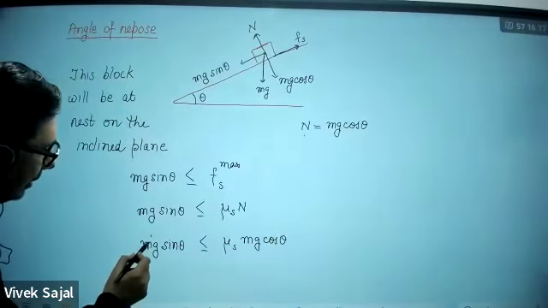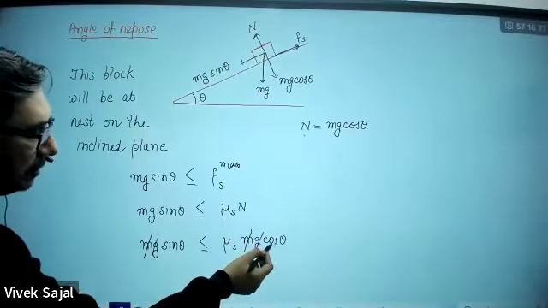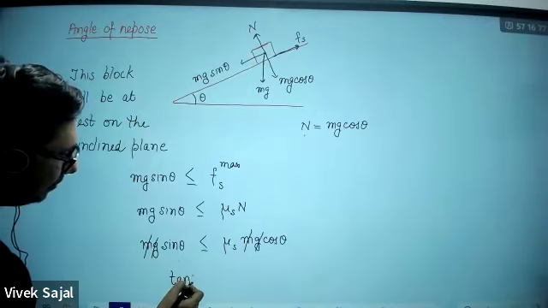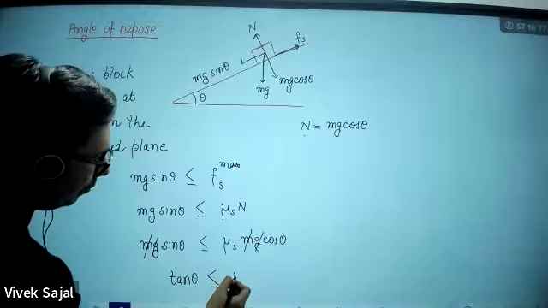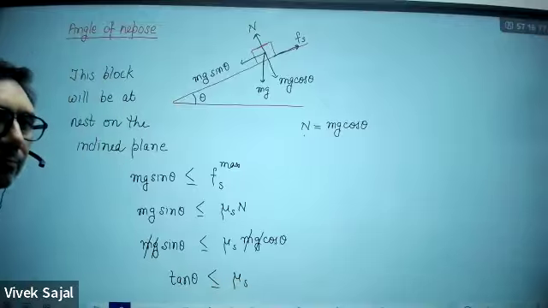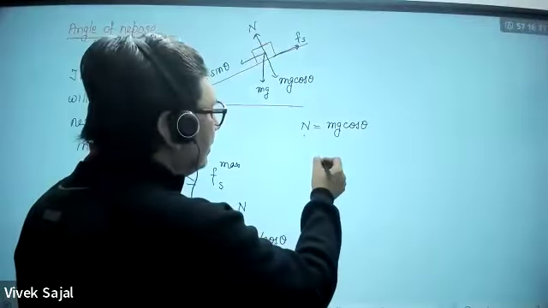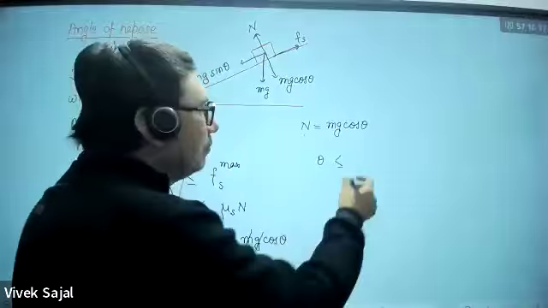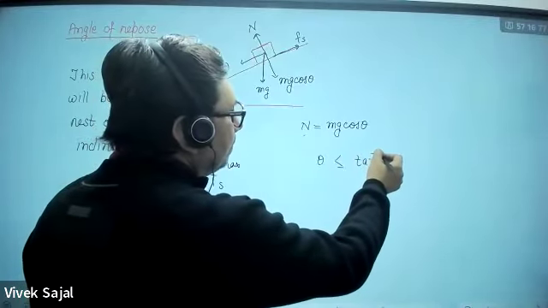So the m will cancel out, g will cancel out. Bring this cos theta to this side, so tan theta should be less than or equal to mu s. So I can write theta should be less than or equal to tan inverse mu s.